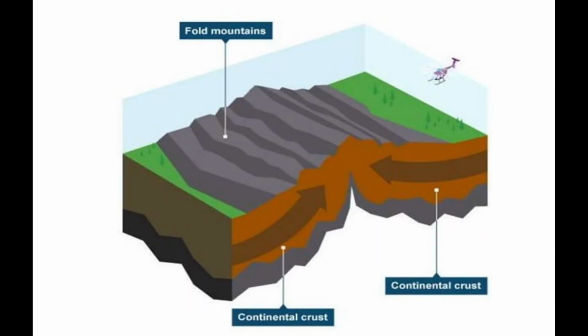Dear students, let us come to know about the fold mountains. Fold mountains are, you can see here, the mountains are folded, these two mountains. Fold mountains are formed actually from sedimentary rock which accumulates along the margin of a continent.